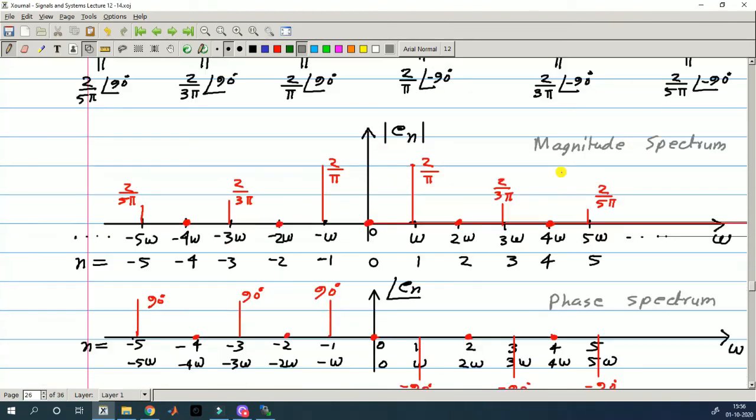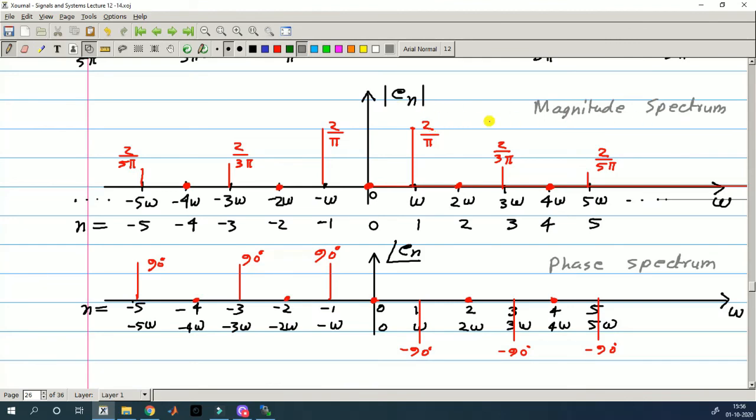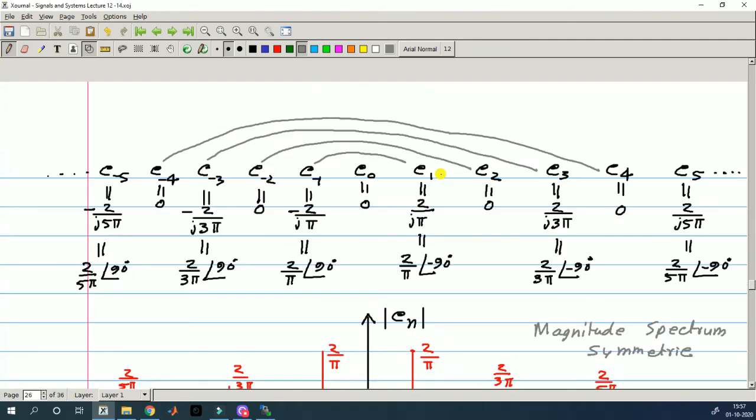Therefore, this magnitude spectrum will be symmetric, or you can call this an even function of n or omega. However, since these are complex conjugate pairs, this is true for real valued signals.